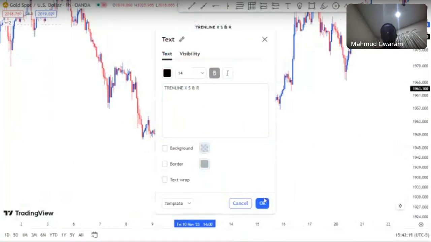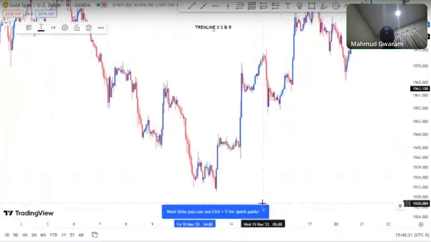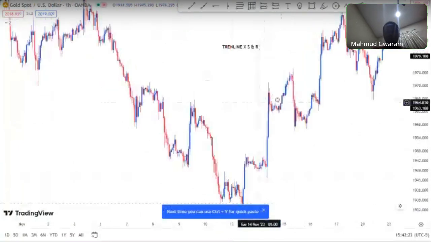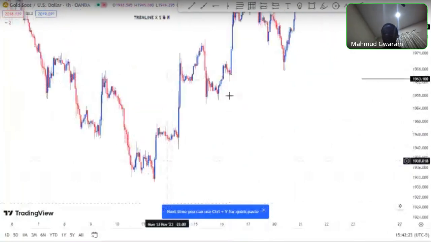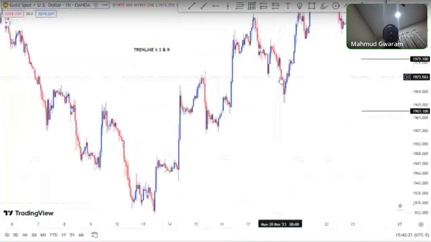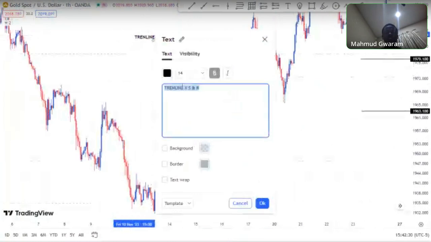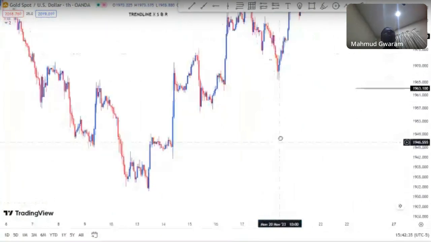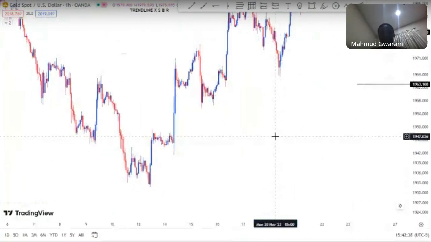I taught myself. It took me a lot of time. So, the trend line and support and resistance strategy is just something I thought: why can't I use trend line and support and resistance at the same time so I can make a lot of money?